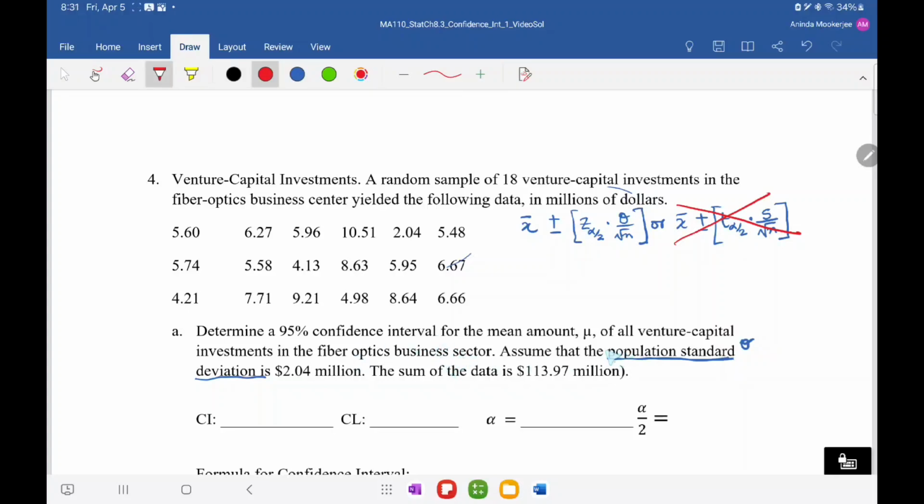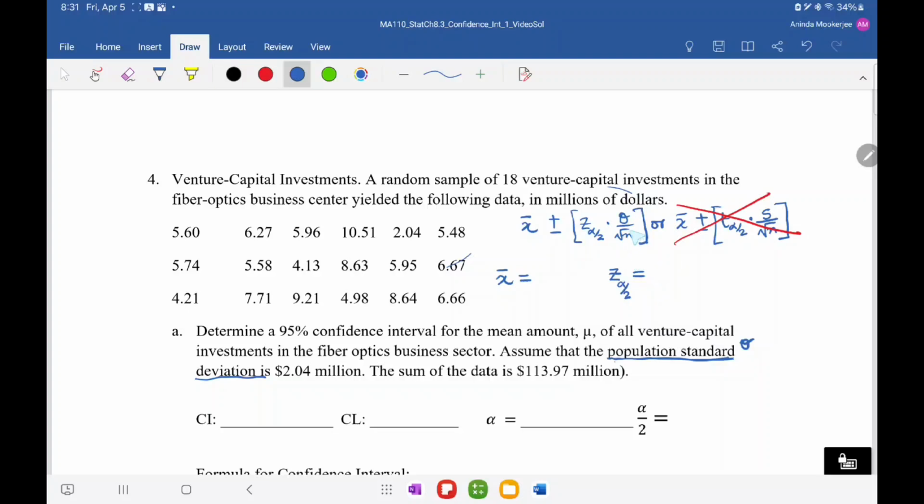Now let's go on to extracting the values of the variables we need here. We need x bar. We need a value for z of alpha by 2, which we will find when we go into the question, but I'm just extracting the values of the variables we need at this point.